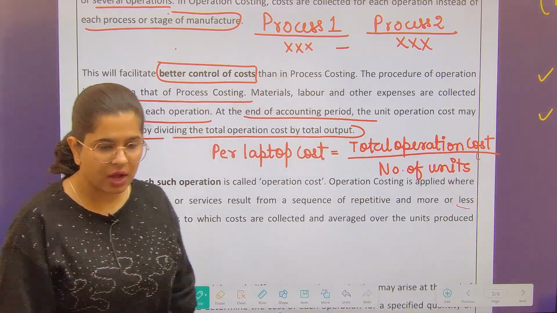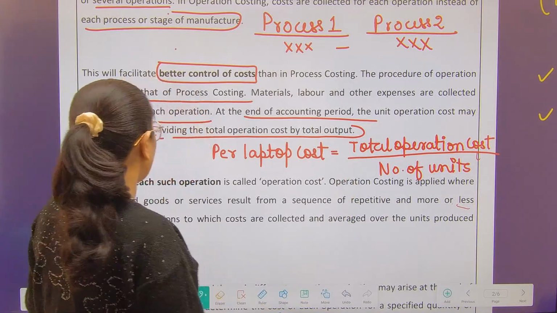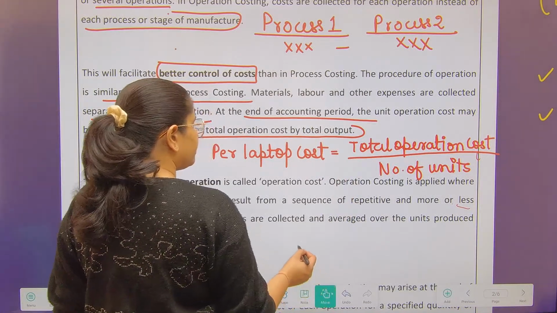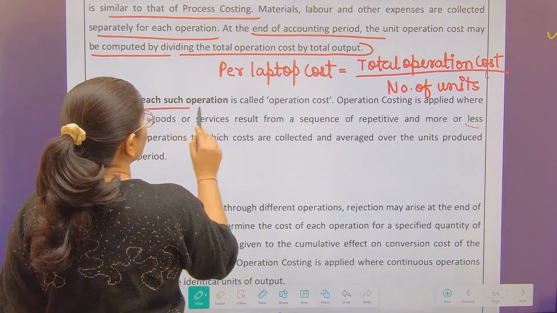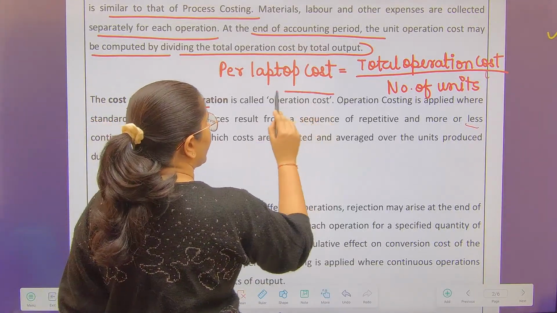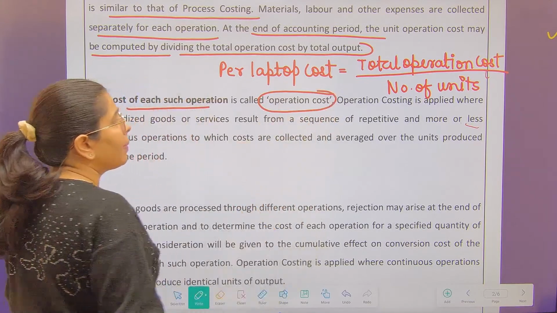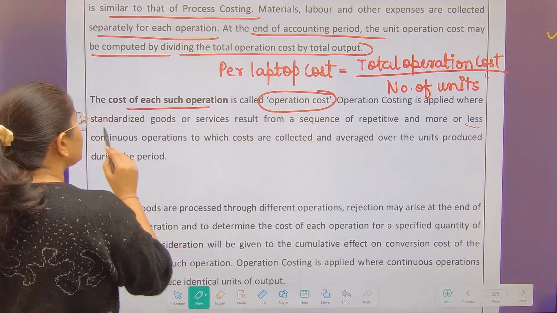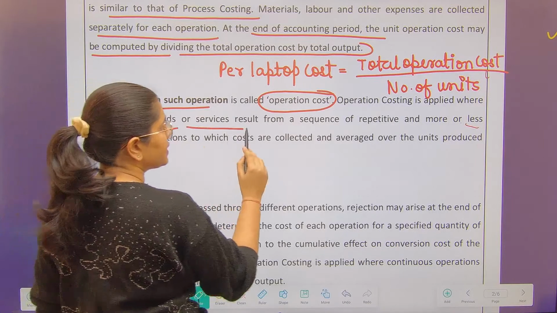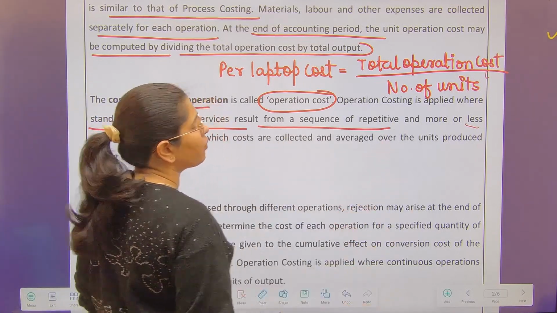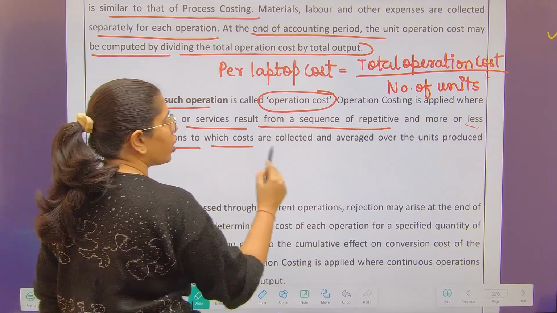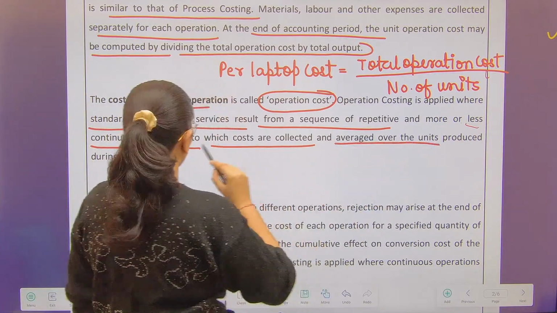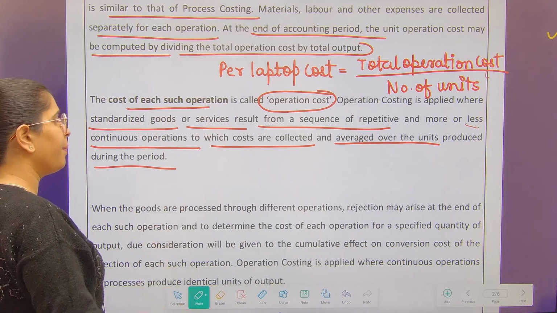Correct? So this is how you will be calculating. The cost of each such operation is called operation cost. Operation costing is applied where standardized goods or services result from a sequence of repetitive, more or less continuous operations, to which costs are collected and averaged over the units produced during the period.